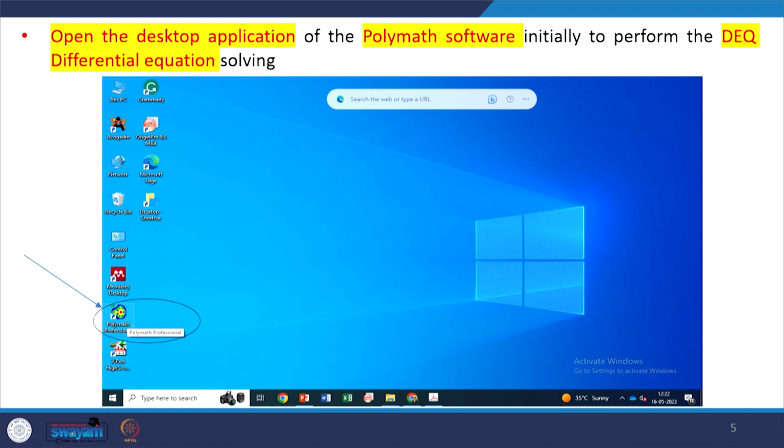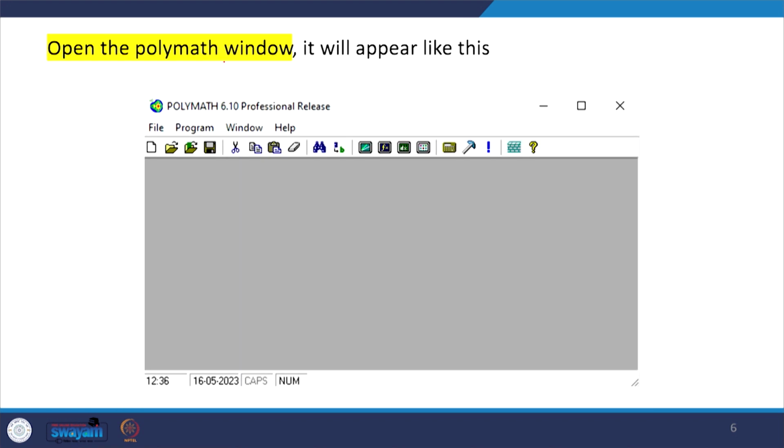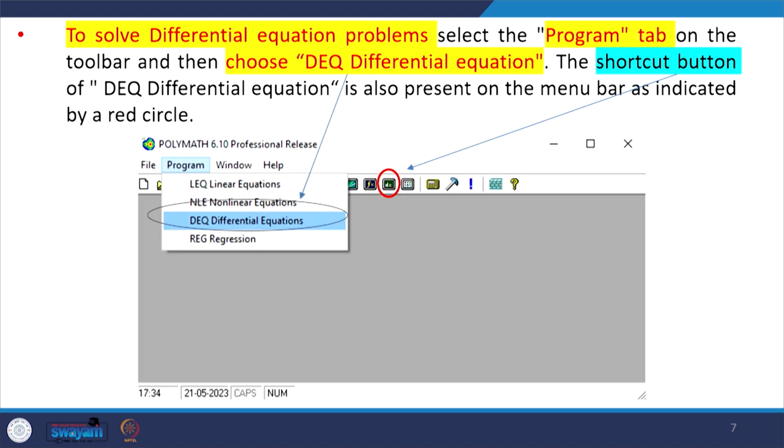So, now how to use this? Here is the Polymath software; we just have to click on it and it opens. Then we have to go for differential equations for solving. This type of window will appear, and then we have to go to Programs, then DEQ, differential equations.